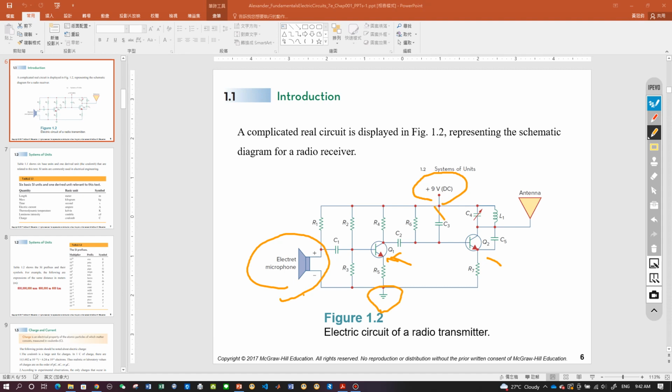So we just want to introduce you to a complicated real circuit displayed in figure 1.2. The schematic diagram for the radio receiver. You can see from here, this is the radio receiver. We just say that, but you can see there's always a closed loop somewhere.